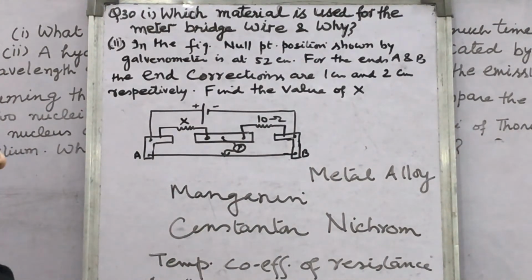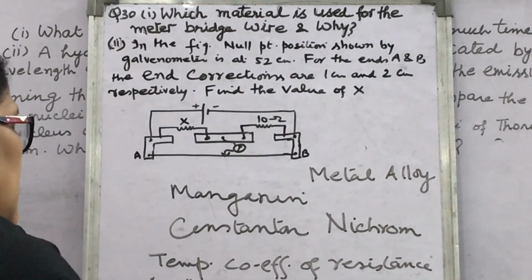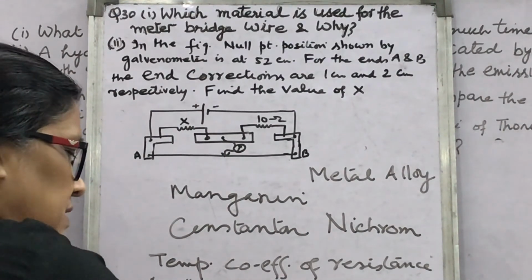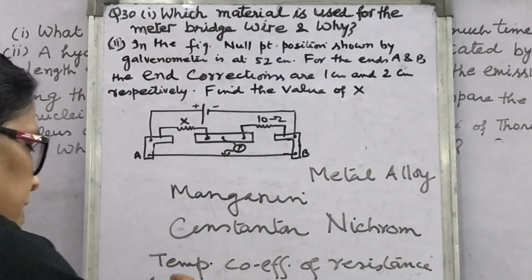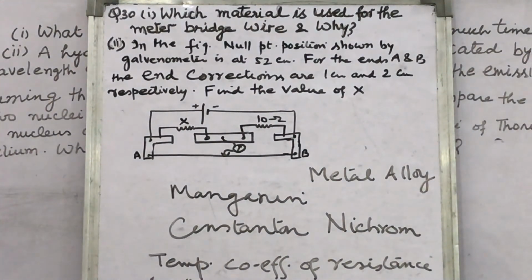Because alpha is negligible, the change in resistance is negligible if the temperature changes. Second thing, the resistivity of these alloys is comparatively high. So resistivity is comparatively high and the temperature coefficient is low. These are the two reasons.